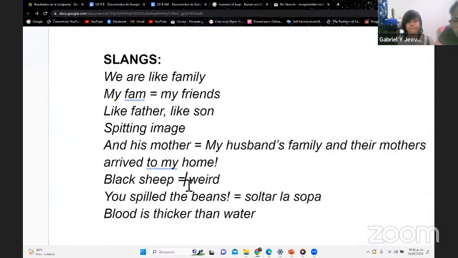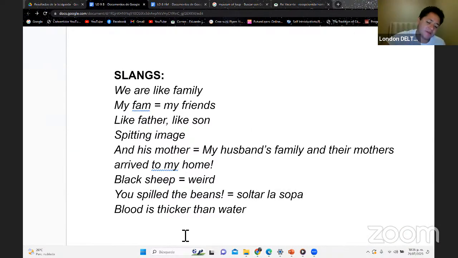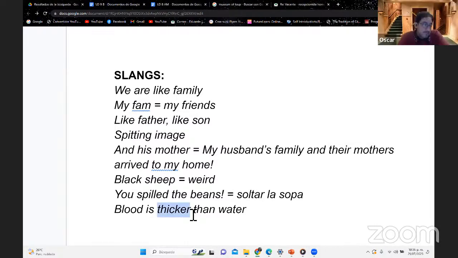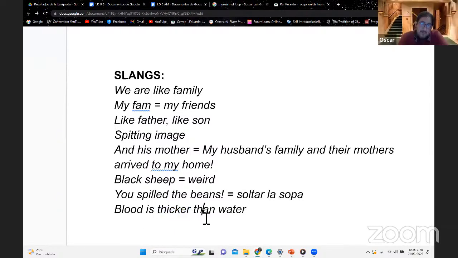Thicker. Thick es grueso o espeso, pero aquí es el comparativo. ¿Qué creen que quiere decir thicker? Porque está hablando de la sangre y el agua, ¿no? Exacto, la sangre es más espesa que el agua.